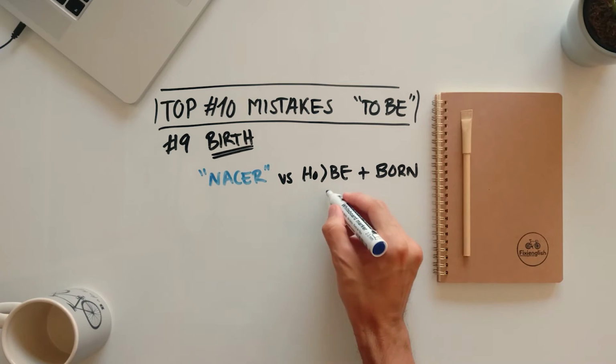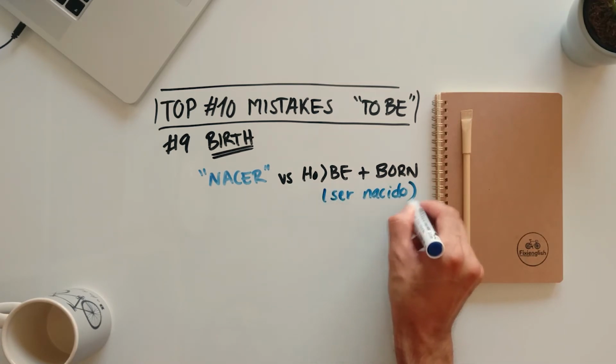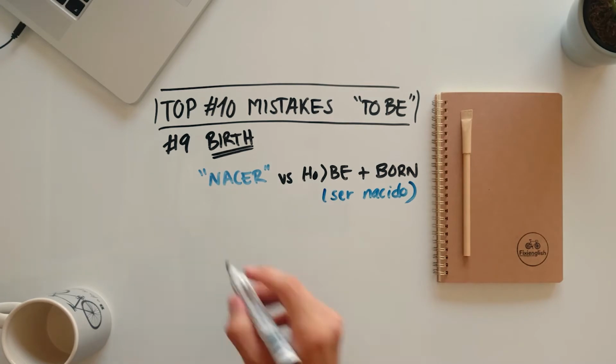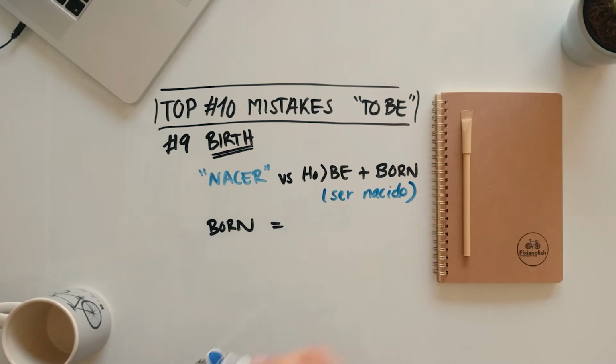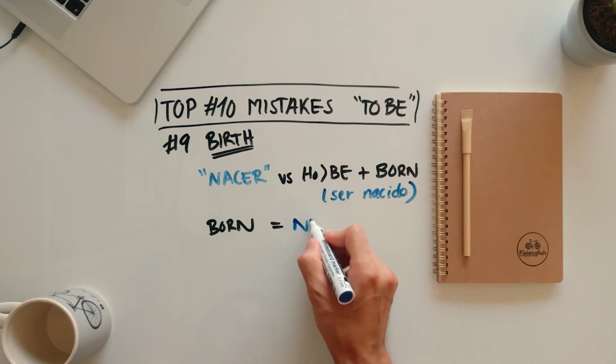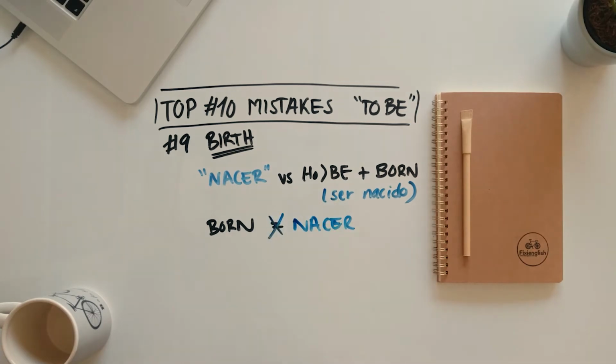The equivalent in Spanish would be something like ser nacido. Now, the most common mistake is trying to use the participle form born in the same way as we would use the verb nacer. But that isn't possible, I'm afraid.